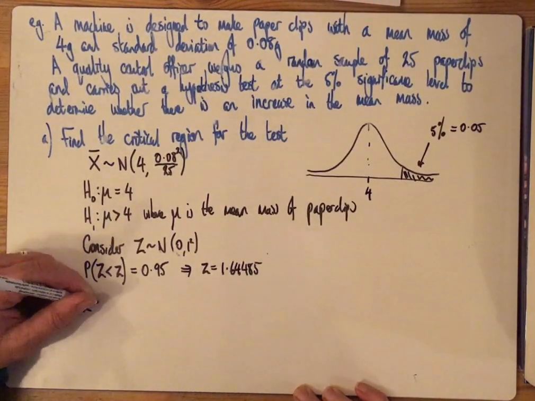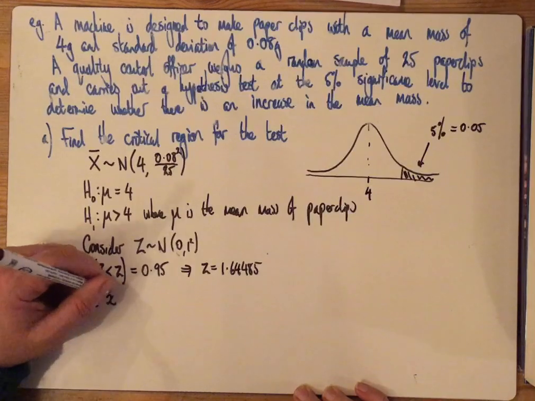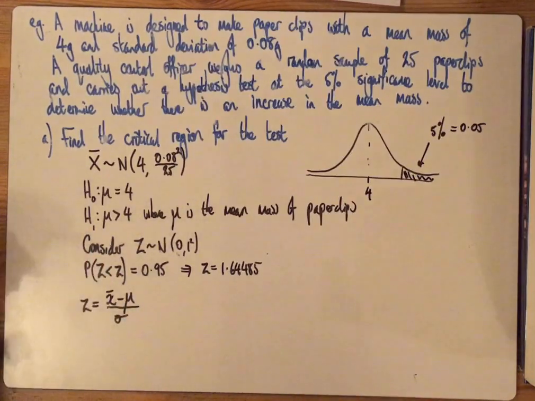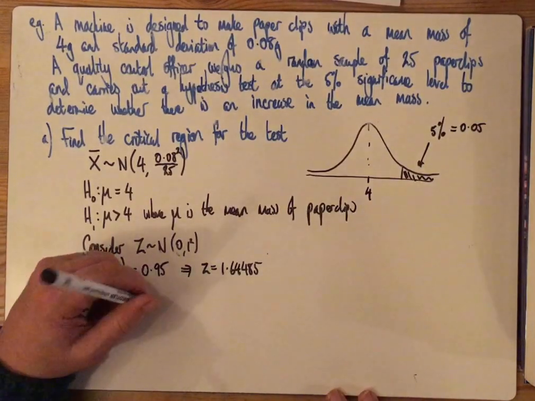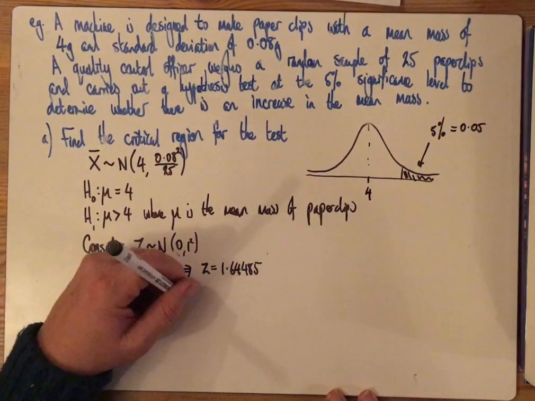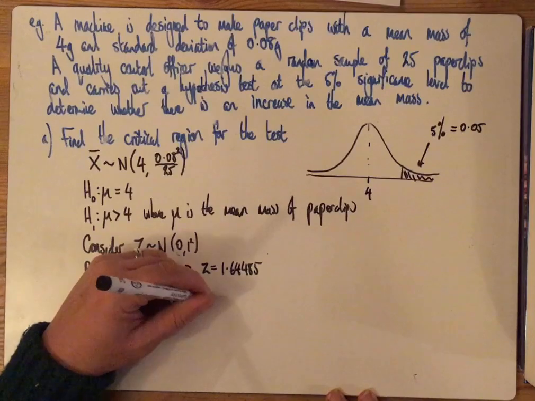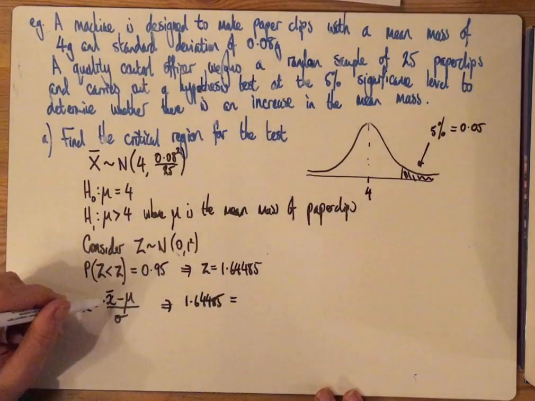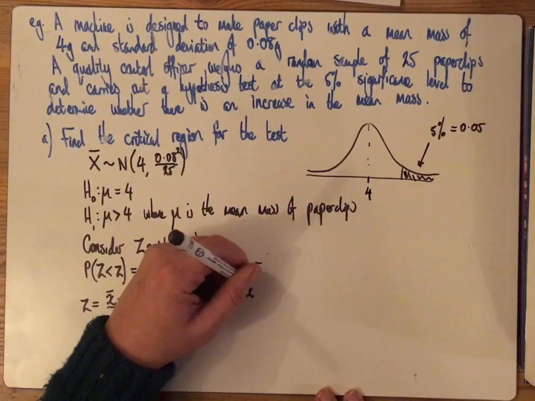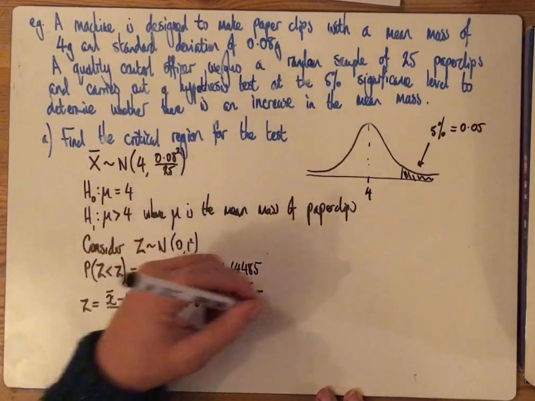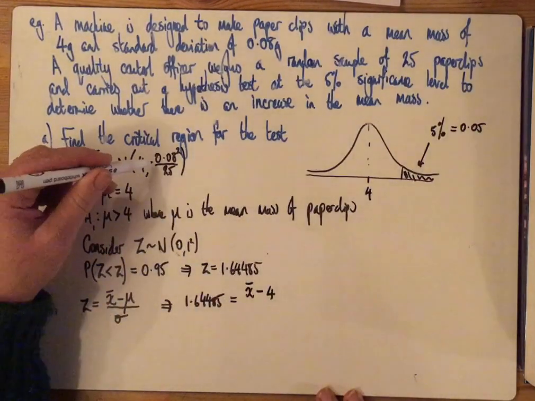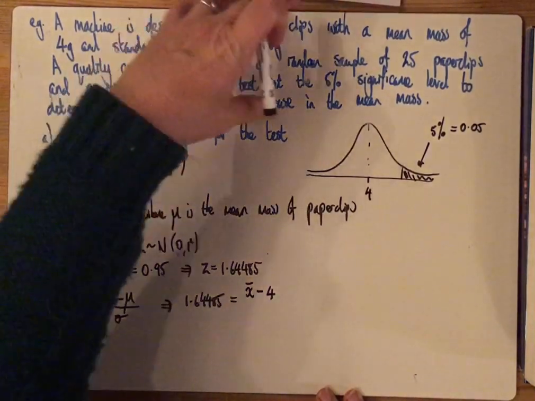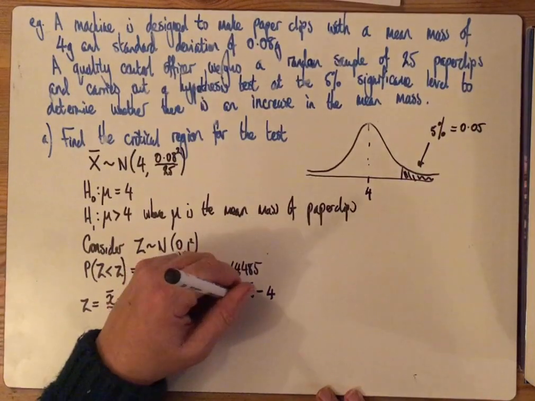Right, and then we need to map off of the standard normal curve. So z is equal to x minus the mean over standard deviation. So 1.64485 is equal to the mean of the x, which we don't know, minus the mean, which is 4. Remember, we're in this distribution here of the sample means, not the population distribution.